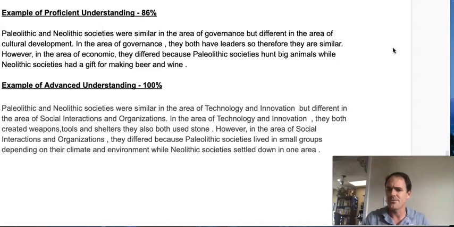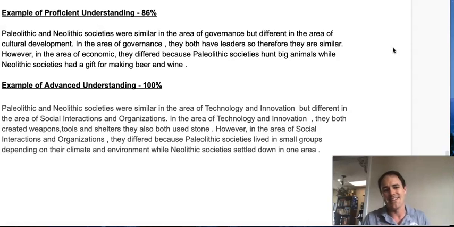You're using text from the slides, and to be honest, it's not really a similarity, right? They were different in the sense that many Neolithic villages had formal leaders called chiefs, but Paleolithic societies did not. So not a great piece of evidence there. That's what really kept this student from getting the 100.